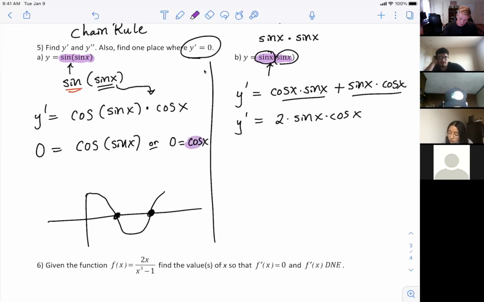So both of them are basically saying, when does the cosine function equal 0? So one place would be right here, and that would be pi over 2. So for this one, you could then say, if x equals pi over 2, then that's where the derivative equals 0.